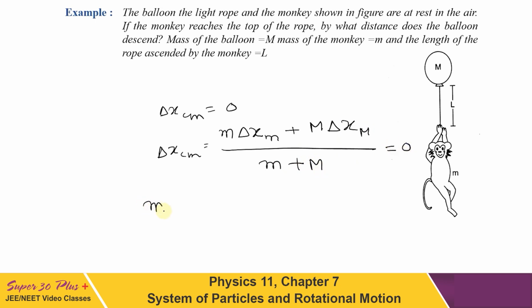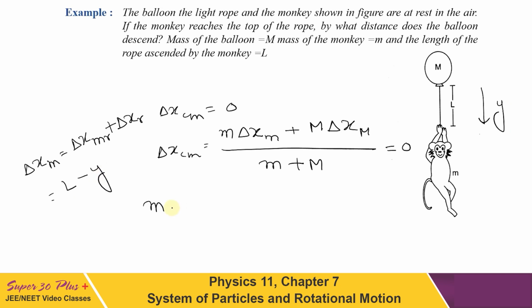Now what is delta X of the monkey? That is the displacement of the monkey. It should be written as displacement of monkey with respect to rope plus displacement of rope. And what is the displacement of monkey with respect to rope? It has to be L in upward direction. Now if we consider that the rope or the balloon has come down by y, it will be equal to L minus y, because this y is in the opposite direction.